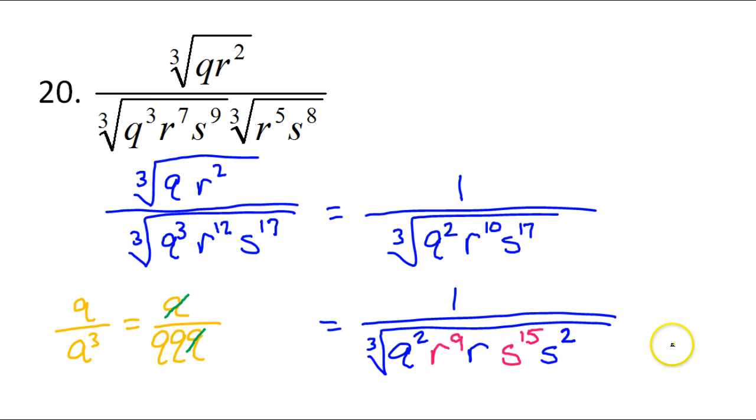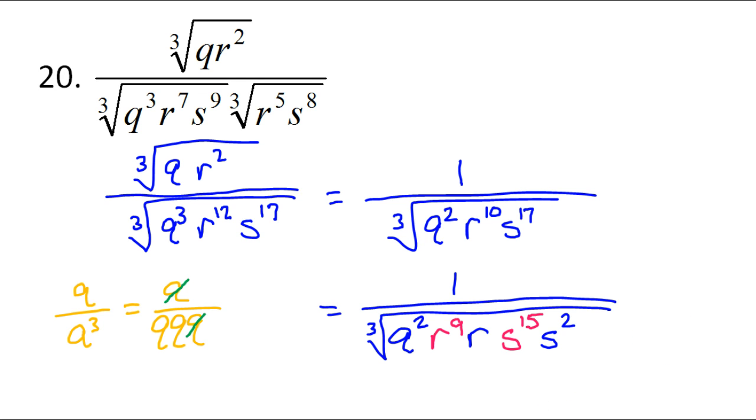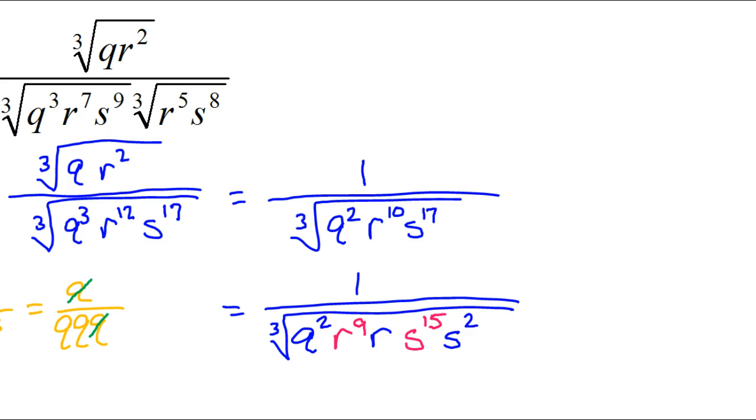Okay, so these two things that I've now shown here in pink will reduce, and I can write them outside of the radical. So what I'm going to have in the end, and this is going to be the final answer, okay, I'm going to have 1 over, and let me do the pink stuff first. So r to the 9th power, because I'm dividing by 3 here, I'm going to get r to the 3rd power. S to the 15th power, once I do the cube root, is going to become s to the 5th power.